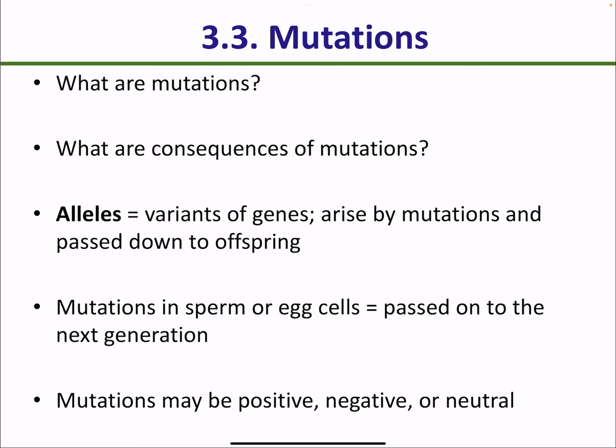We use the term alleles. Alleles are variants of the same gene, right? And this variant exists because of mutations that can occur. And these mutations can be punctual mutations where you have a replacement of one nucleotide with another nucleotide.